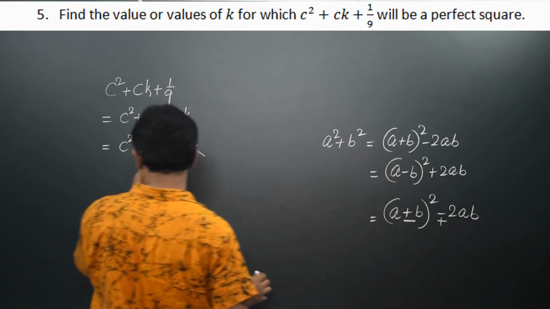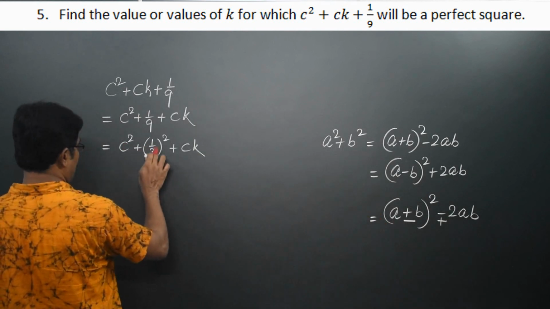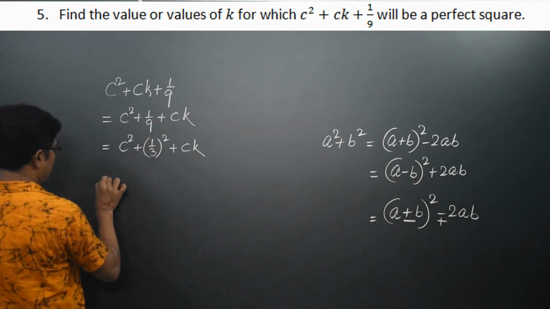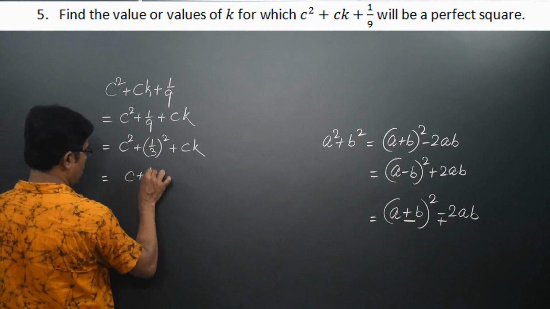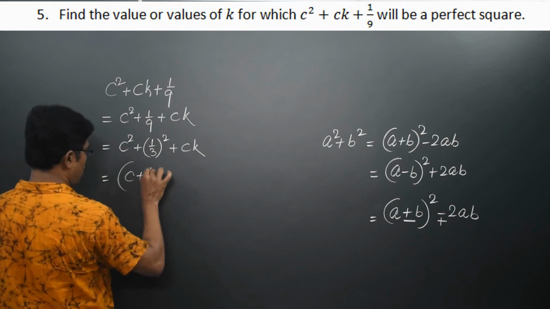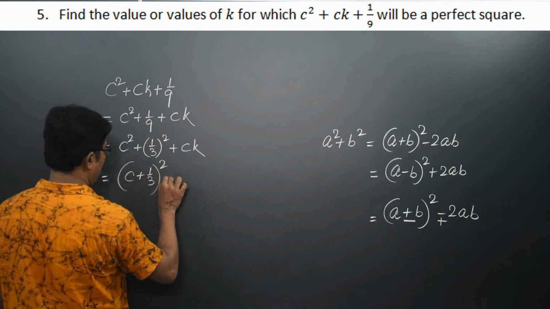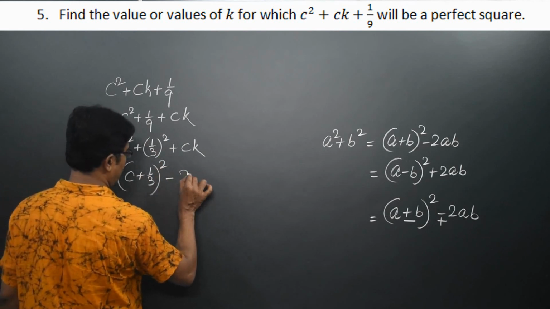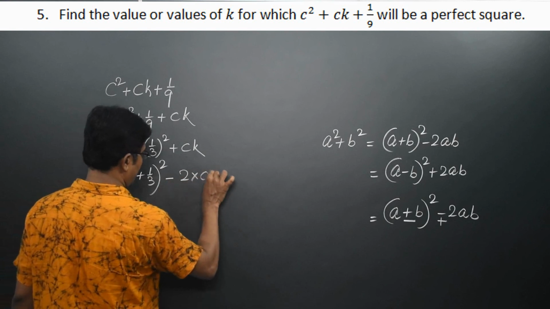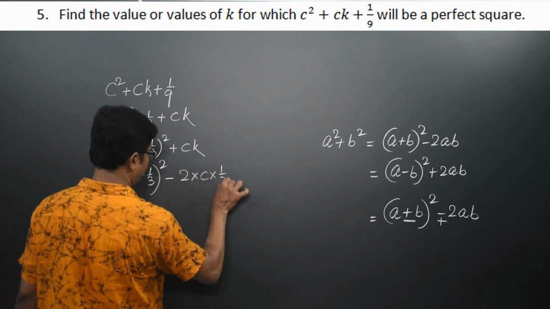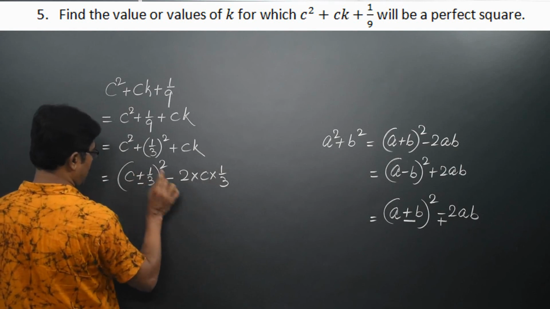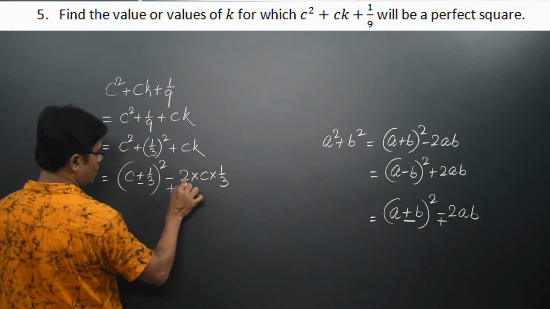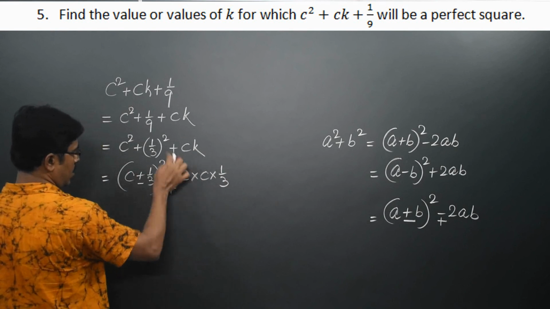So c square plus 1 by 3 whole square can be written as c plus 1 by 3 whole square minus 2 into c into 1 by 3, or c minus 1 by 3 whole square plus 2 into c into 1 by 3.